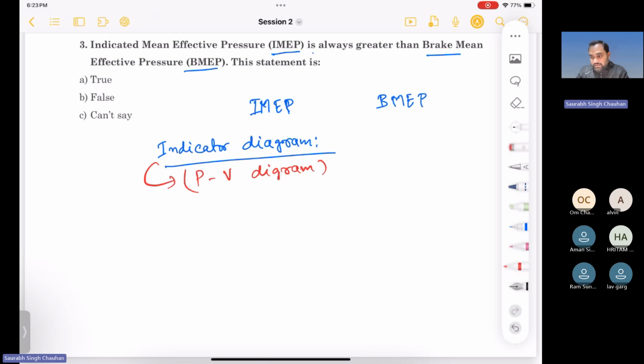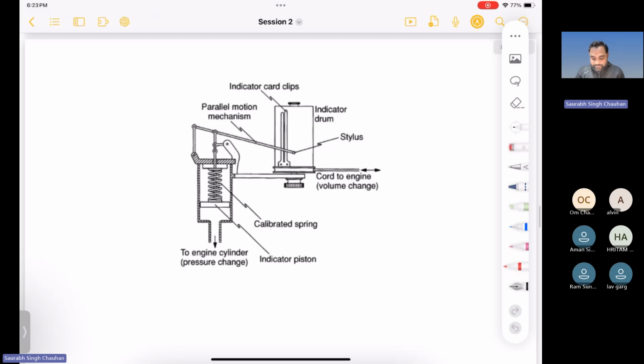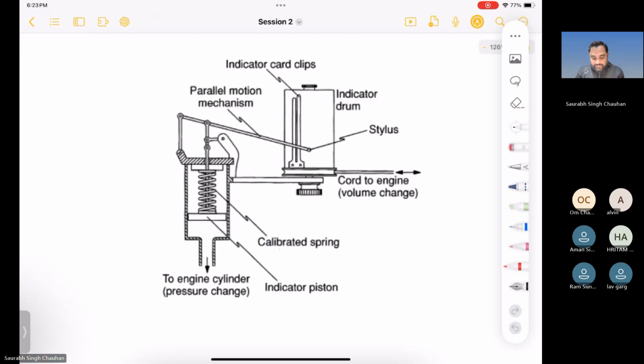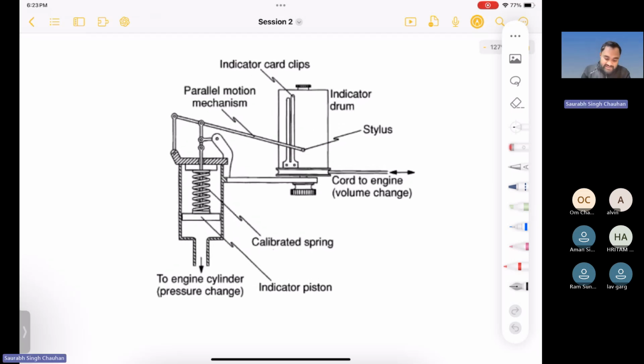So in olden days, you used to have this type of instrument. This is called engine indicator. And purpose of this instrument was to give you one PV diagram. Nowadays you have electronic systems, you have pressure transducers, and you have digital devices and everything you can get on your computer.